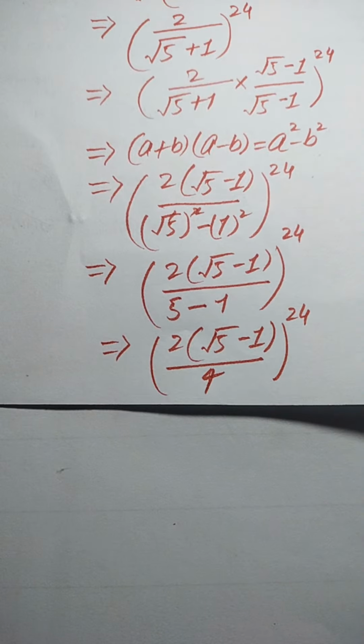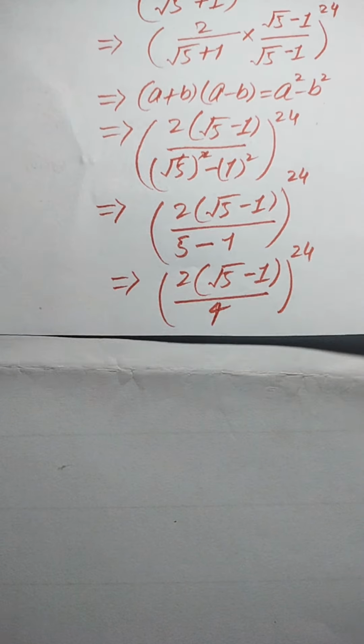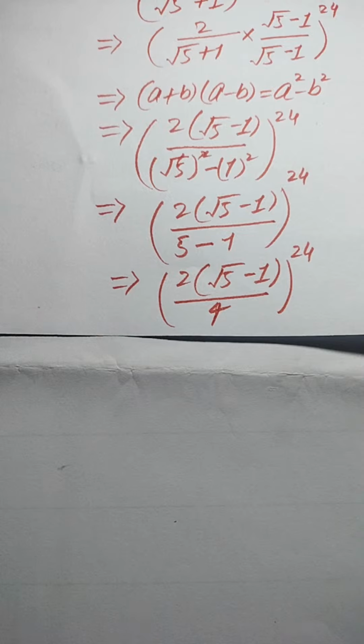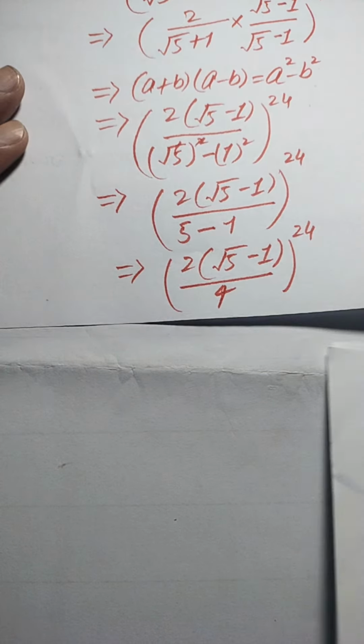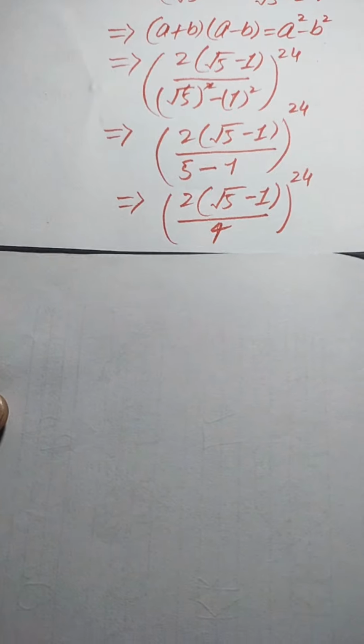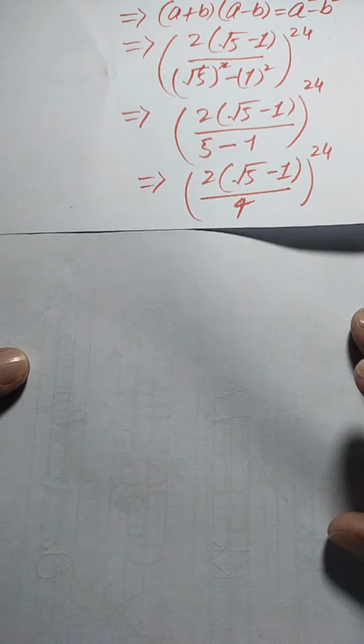And in the next step we need more simplification, and you see our 2 is cancelled out by our denominator 4. So after cancellation of these two, it will be written in this form.